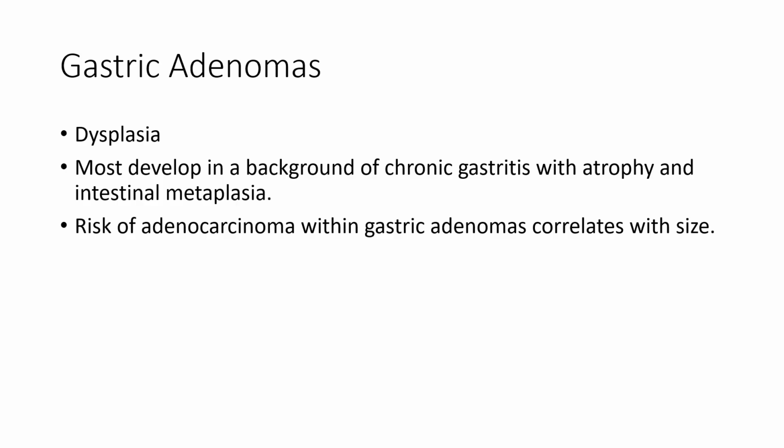Therefore, they must be managed more aggressively, and the risk of developing a gastric adenocarcinoma within a gastric adenoma correlates with size. So the larger the adenoma, especially if it's more than 2 centimeters, the risk of developing adenocarcinoma within it is much higher.